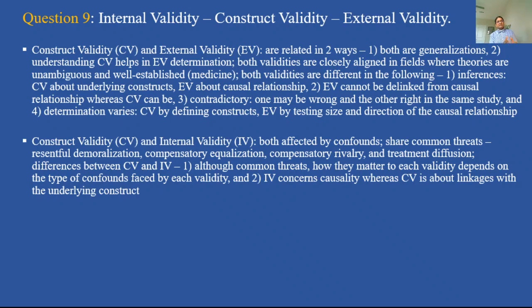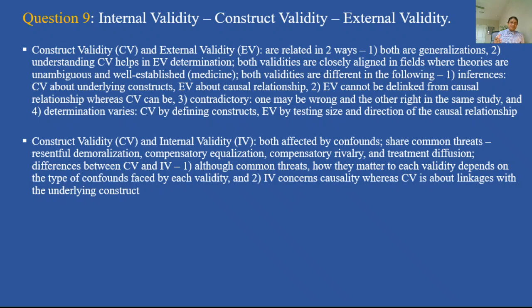So knowing the construct validity will help us better determine external validity. For example, in a field like medicine, where theories are well developed, as we just saw in the last question, construct validity and external validity are very well aligned, which is not the case in most other fields.